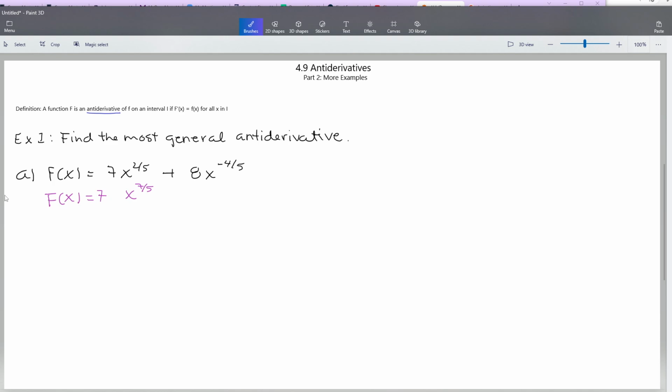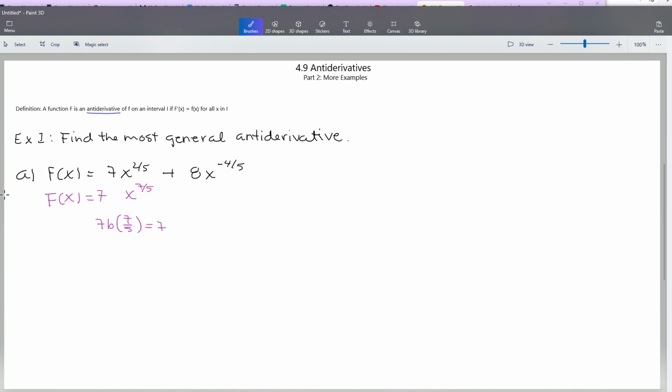So if we take the derivative here, we're going to have 7 times whatever number we put here times 7 over 5, and this should be equal to 7.